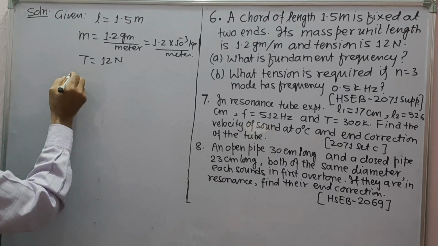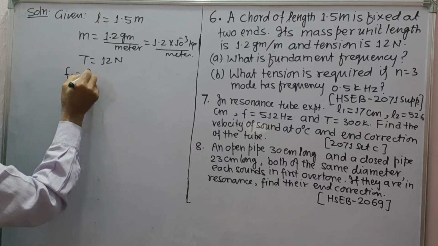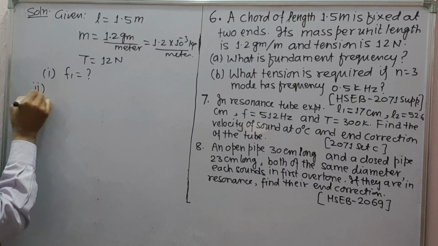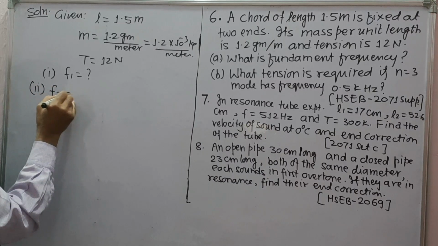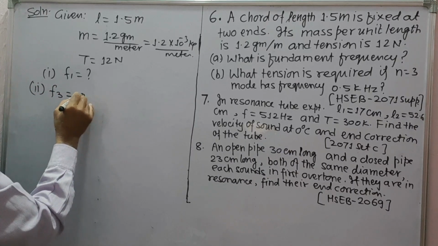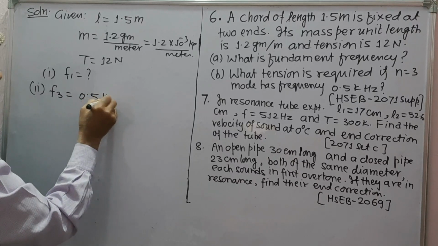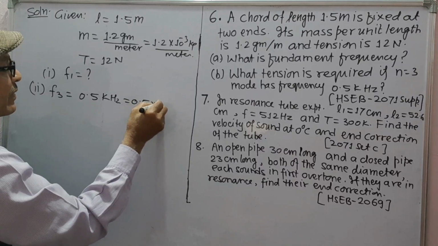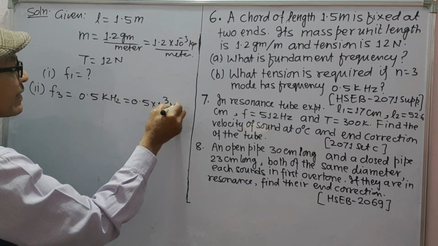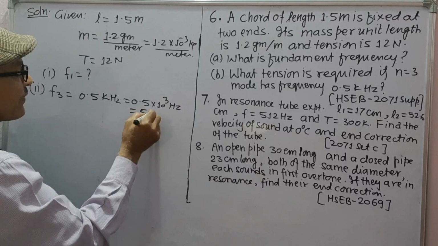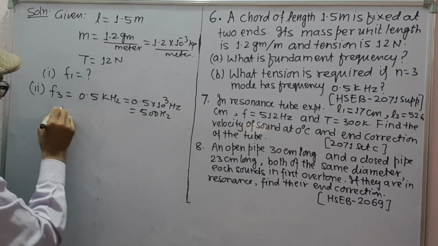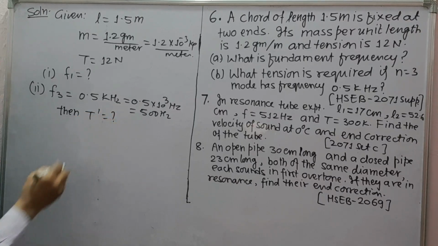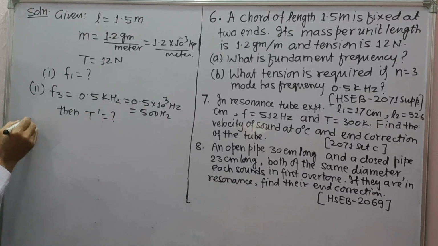We have to find the fundamental frequency in the first part. In the second part, if F3 is equal to 0.5 kilohertz, that means 500 hertz, then what tension is required?